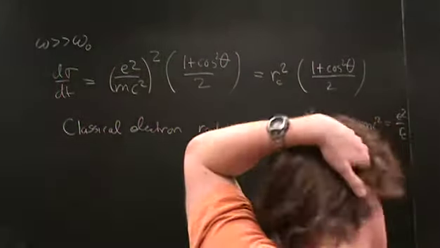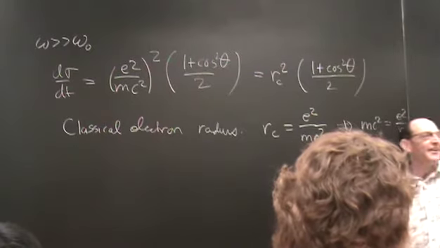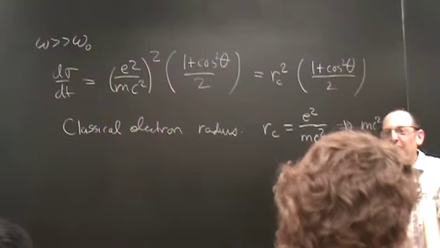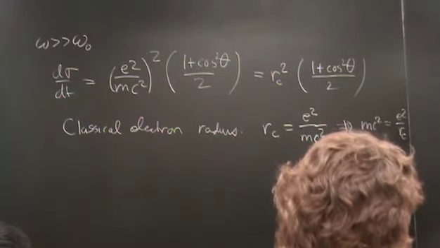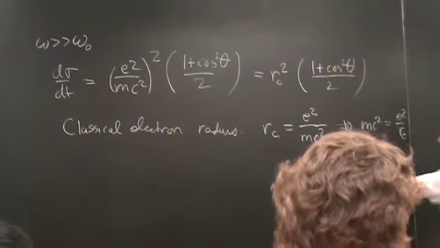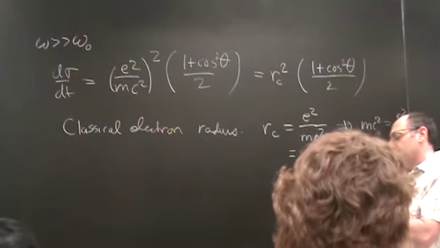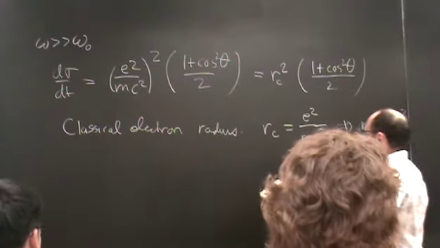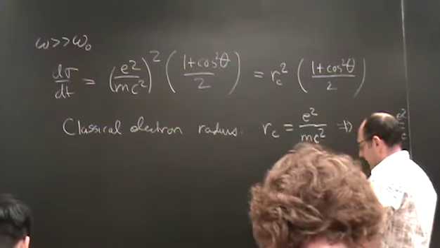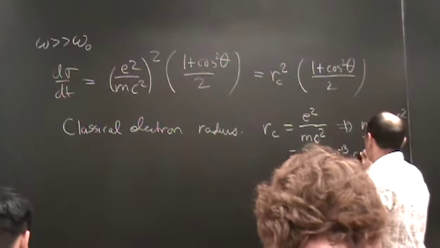This radius, of course, is not the radius of the electron. At least we don't know what the electron radius is. Maybe string theory will tell us, but for the moment, consider them to be points. But this number comes out, and this number is equal to 2.8 times 10 to the minus 13 centimeters.